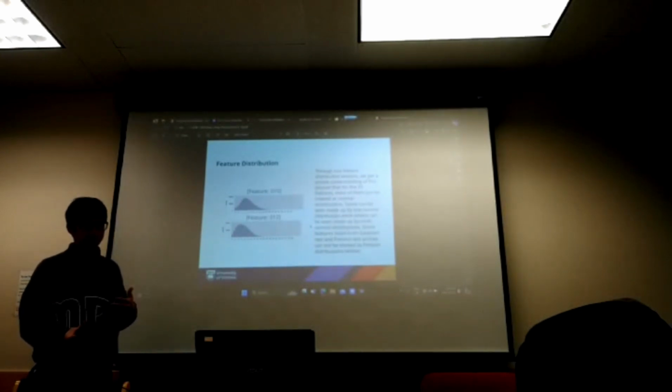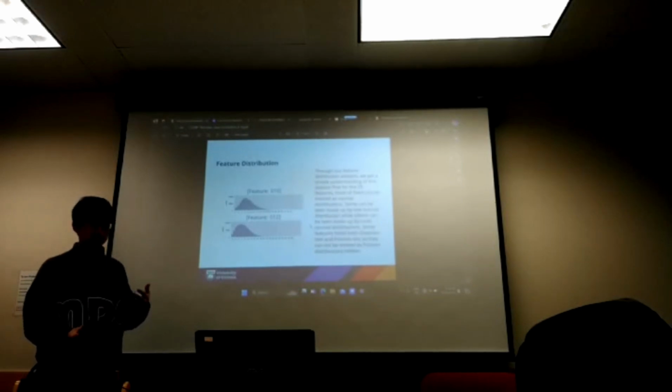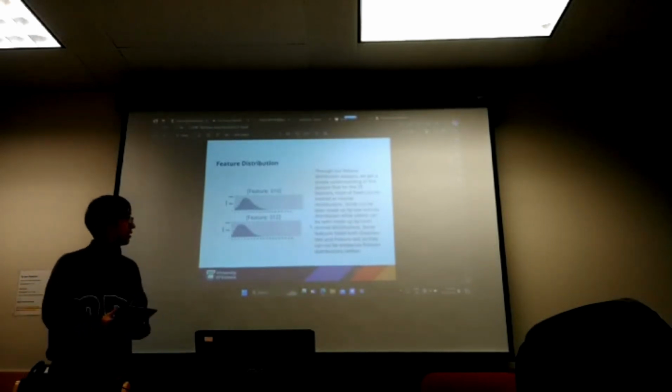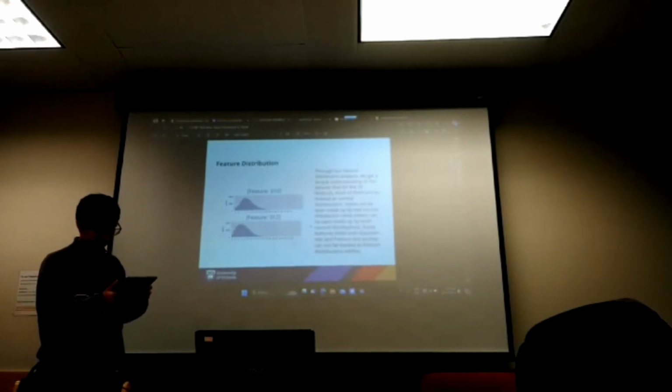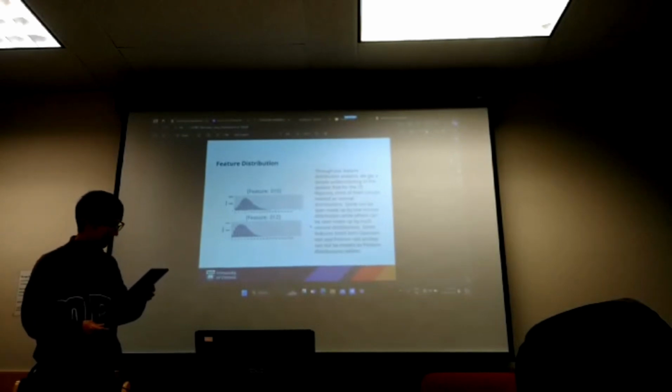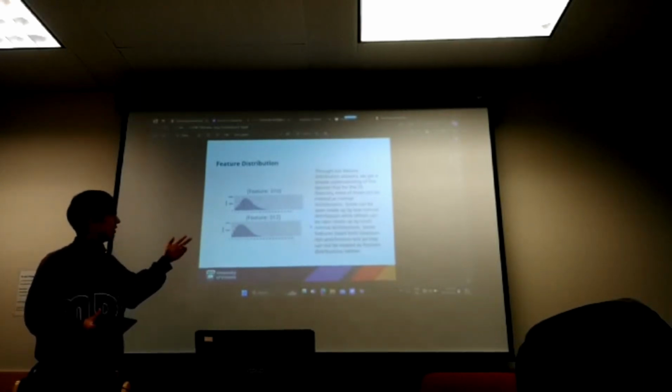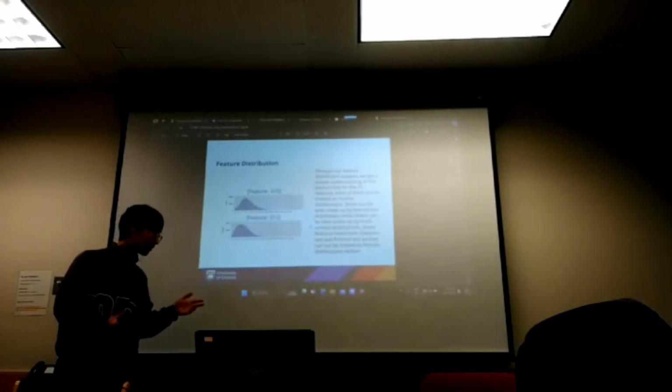So if we have the assumption, we need to test it. So I use the Shapiro-Wilk test and the Gaussian dispersion test, these two test methods, to figure out whether they are Gaussian distributions.